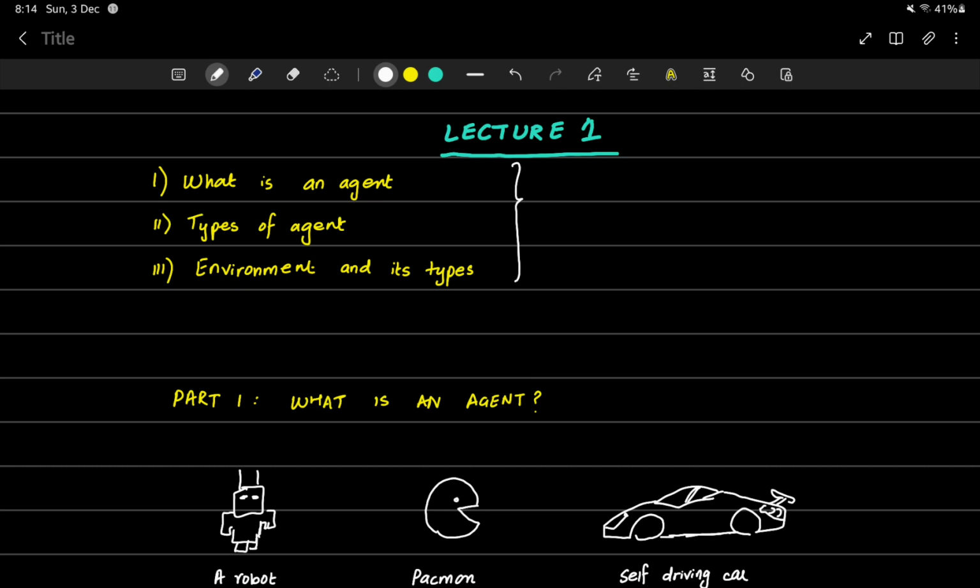This is very crucial because if we do not know about the different types of agents and environments, then the knowledge or the algorithms that we will study later on are just useless, because you are studying without any purpose, right?